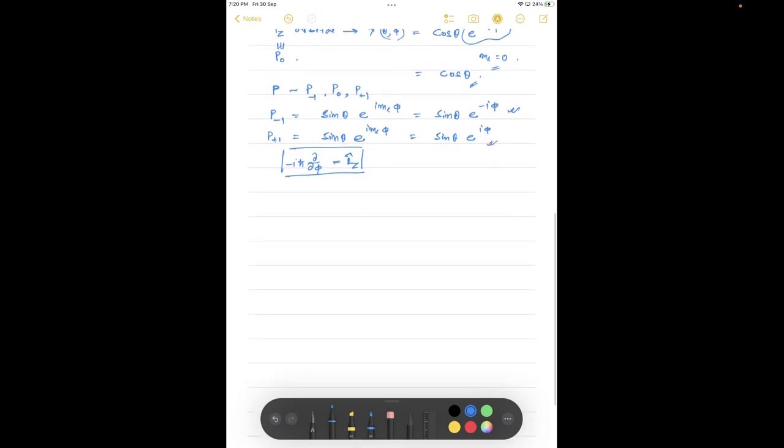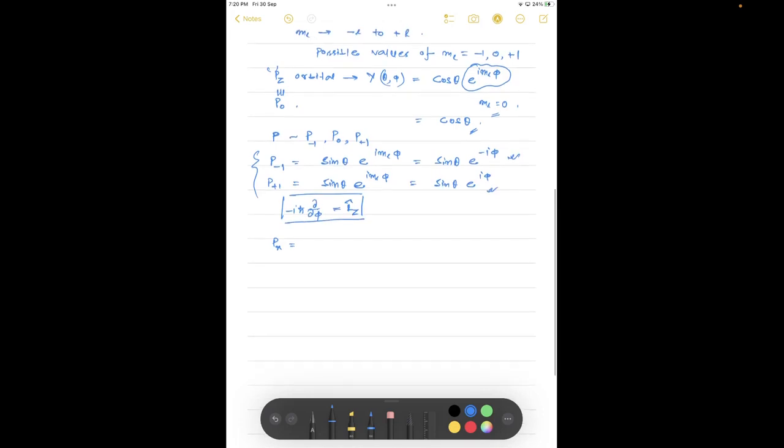Now the px orbital can be constructed by a linear combination of these two orbitals, p minus 1 and p plus 1. The pz orbital is just cos theta, so this is actually real. By varying theta, you can plot the pz orbital.